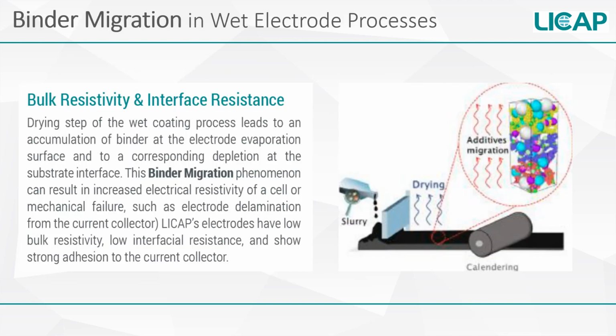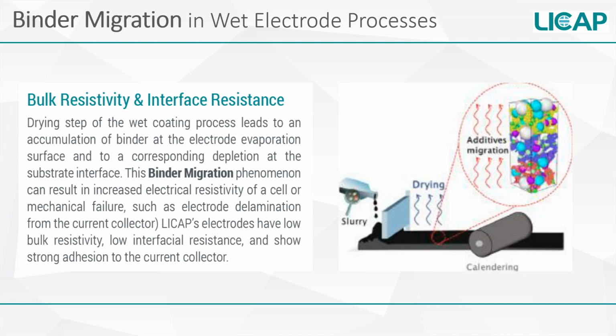Drying may seem like a trivial process, but in reality it's quite complex, with many variables affecting performance and yields. I know this firsthand from my background in ceramic engineering. The drying process for wet electrode can lead to an uneven distribution of binder throughout the thickness of the electrode. Basically, there's an accumulation of binder at the surface and a corresponding depletion at the current collector interface.